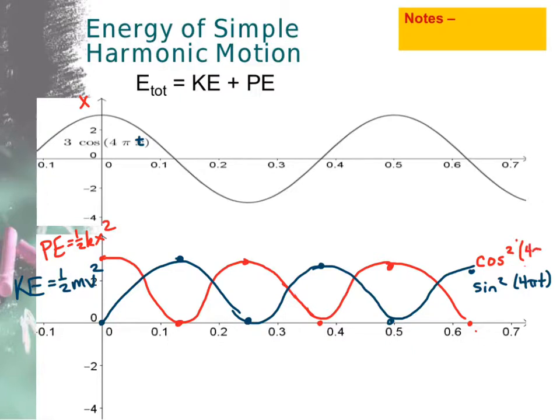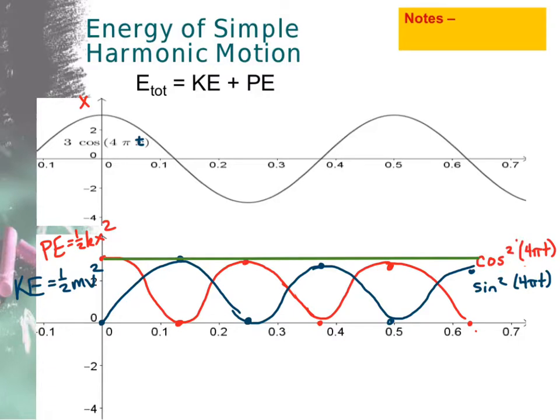Okay. Well, it turns out when you add these two things together, you get a constant E total. Let me back that up and rewrite it.